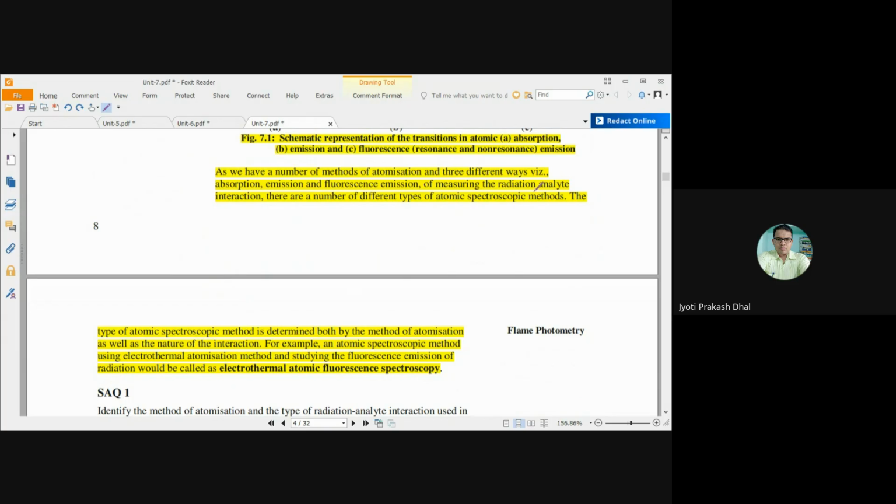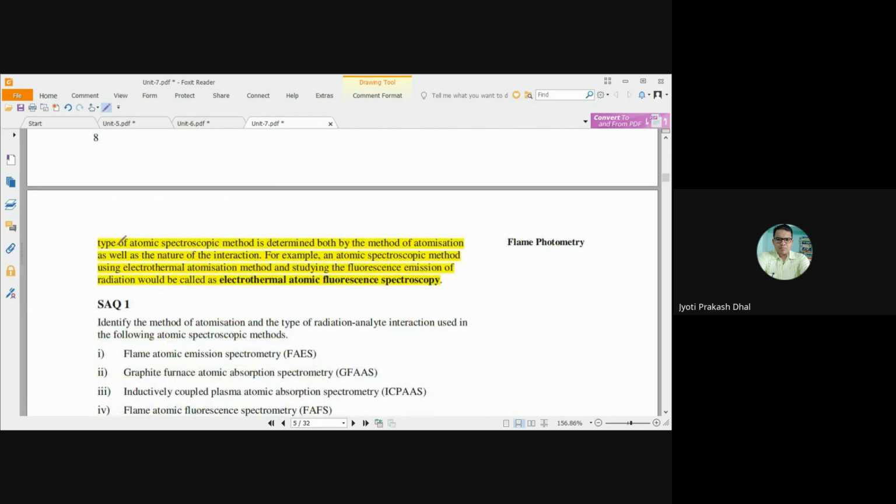For measuring radiation, there is radiation-analyte interaction. There are a number of different types of atomic spectroscopic methods. The type of atomic spectroscopic method is determined both by the method of atomization as well as the nature of interaction. So first atomization should be there.